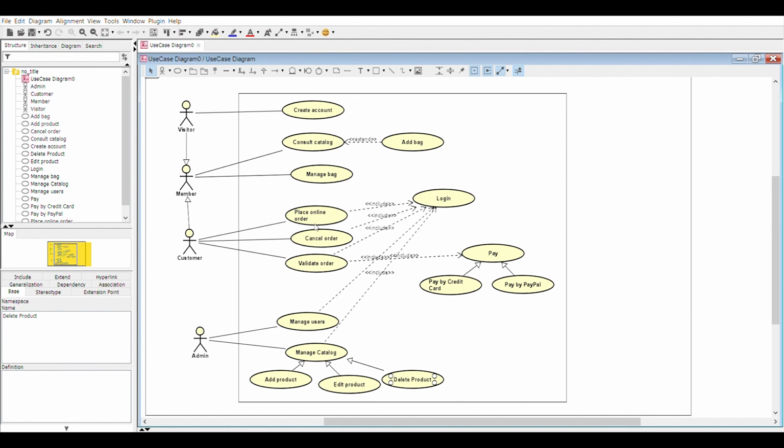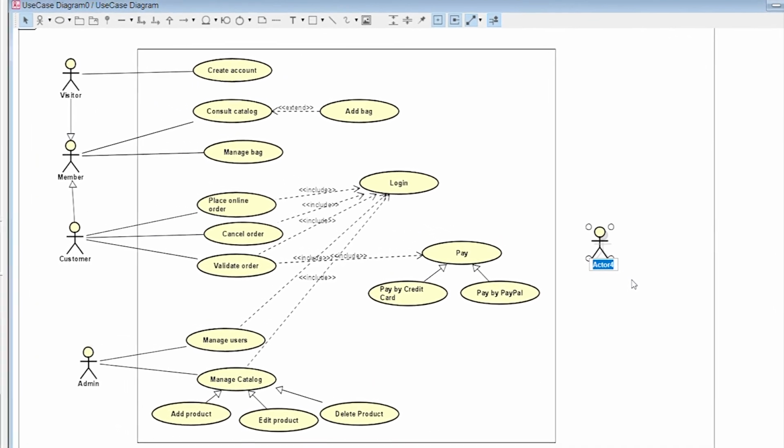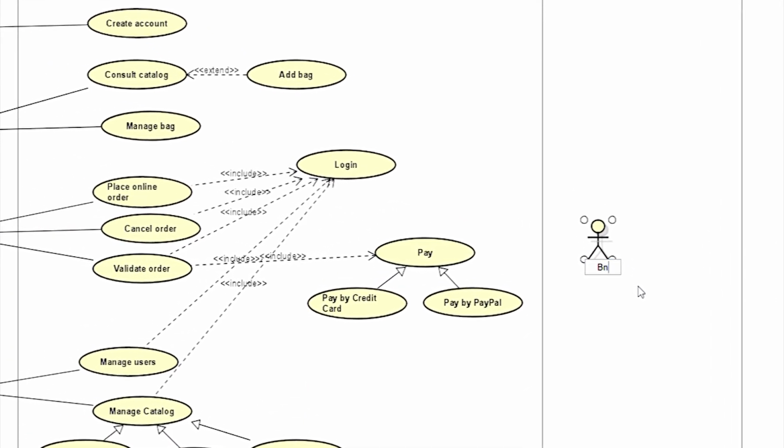And here we have a secondary actor. For example, for the payment, to validate the payment, the website should contact the bank server to check if the card information is correct or not. So to do that, we will add a secondary actor who is the bank server. As we said, an actor can be a person, a system, or a business process.